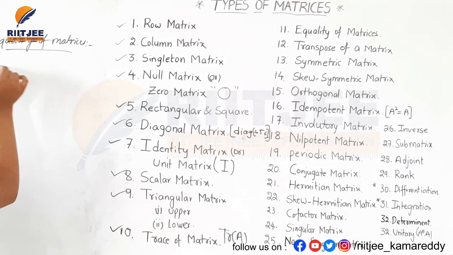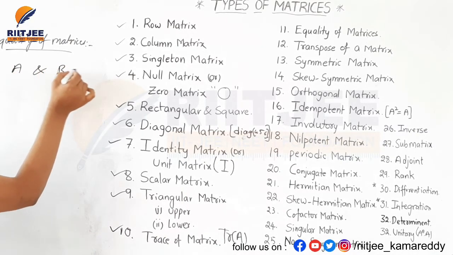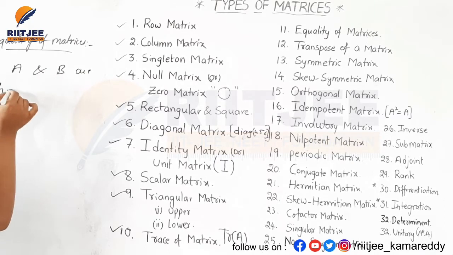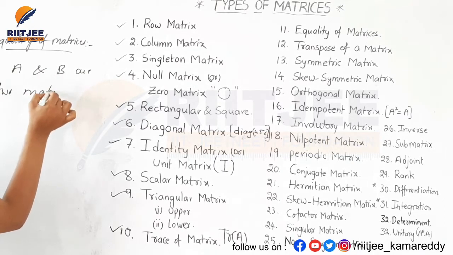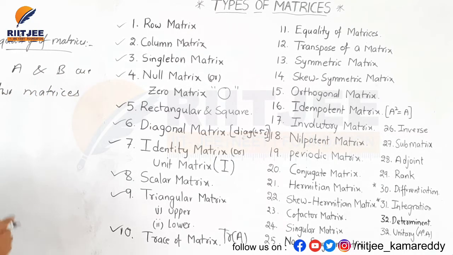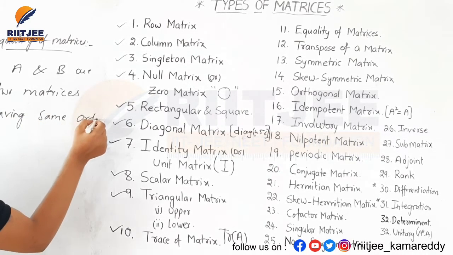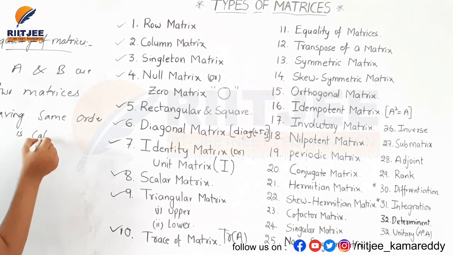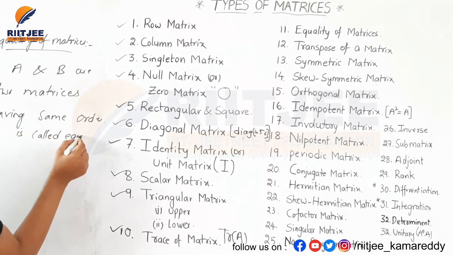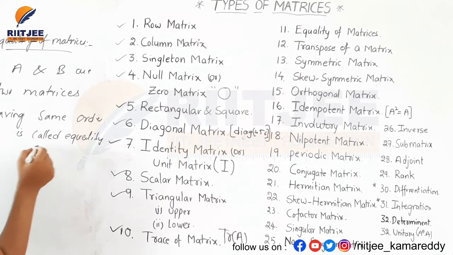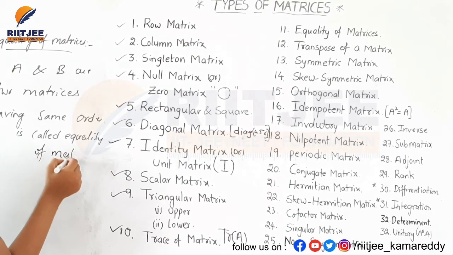Let A and B be two matrices having the same order, is called equality of matrix. Let us see one example here.